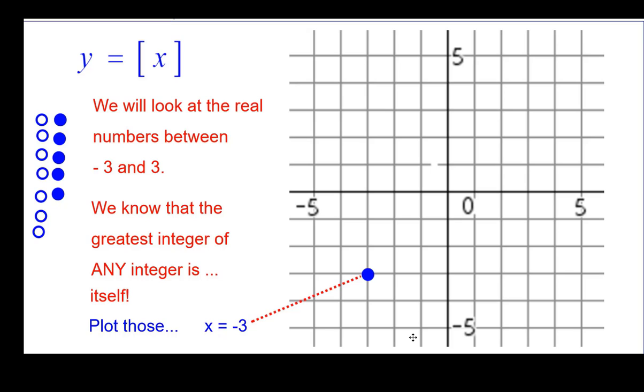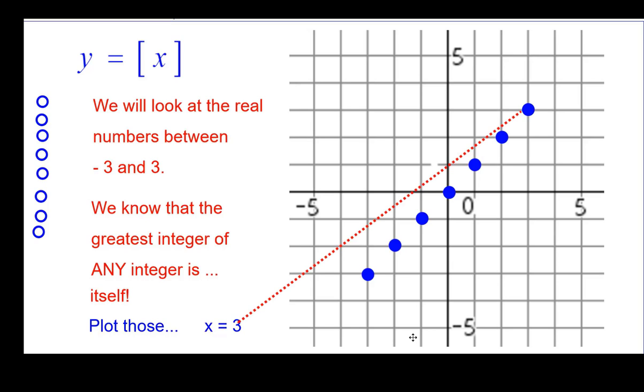At negative 3, it's negative 3. At negative 2, it's negative 2. Greatest integer of negative 1, negative 1. And so on. At 0, at 1, at 2, and at 3. So those are for the integers, okay?